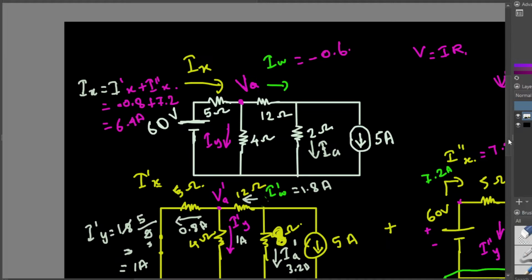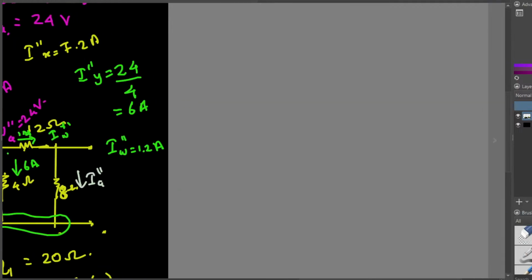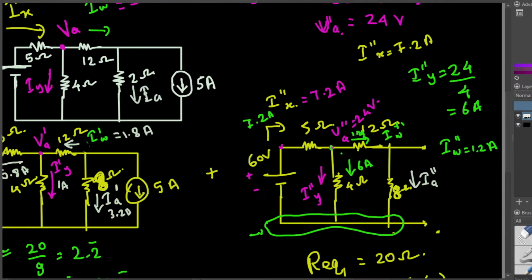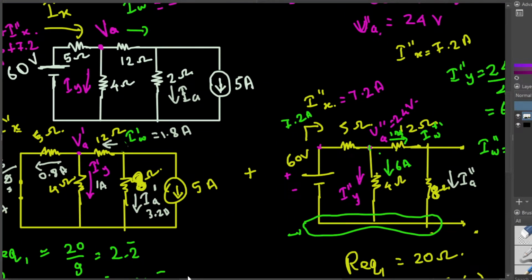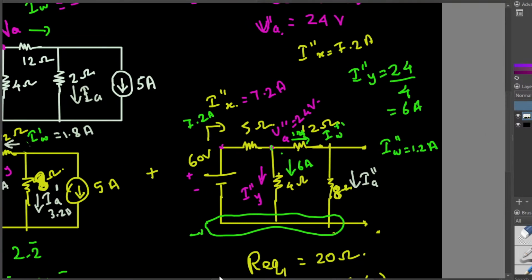Let's look at the IA. IA prime is 3.2, in the same direction as we assumed. And let's look at this circuit. IA double prime, did we calculate for it?